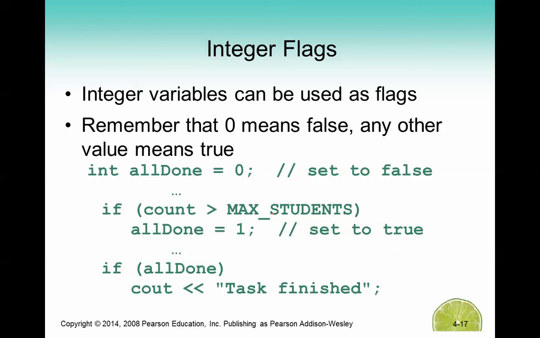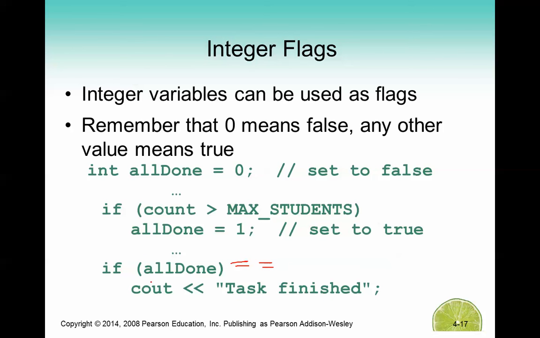It's a constant, so it was already assigned a value. So we're checking this too. Is count greater than maximum students? We're putting 1 to all done. We're finished. If all done is true, remember, true means 1 or any other number, then we're going to send task finished. So again, we don't need the equal to here.